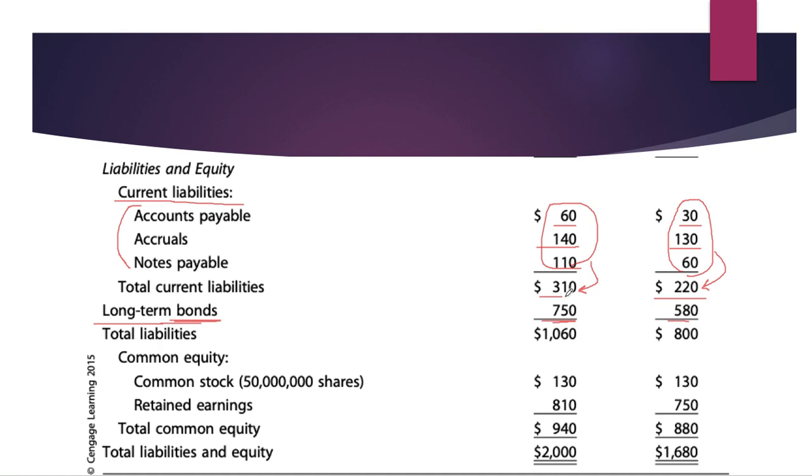And then you sum the total current liabilities and total long-term liabilities, and all together we calculate the total liabilities of this company. And then we have the common stock and retained earnings. Okay, on the equity side, we have the common stock. The total value of this initial paid-in capital is $130 million.